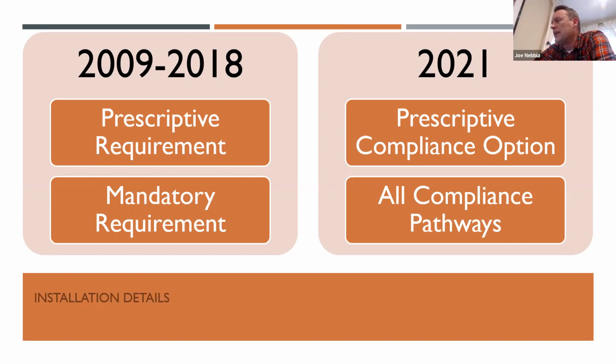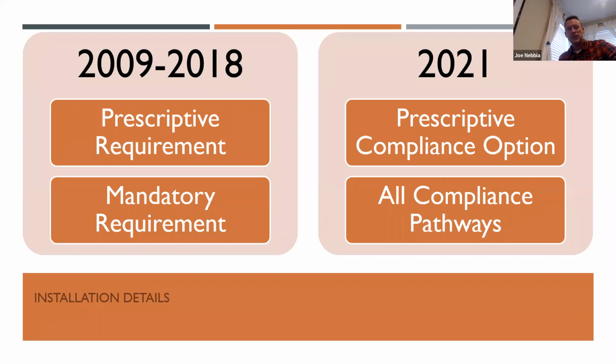Another thing that's important as we talk about code requirements for installation of insulation is that the 2009 to 2018 IECC, which is what many of you probably have some version of, amended or not, in your jurisdiction, talk about installation details as either prescriptive or mandatory.